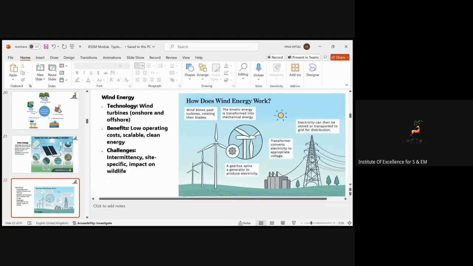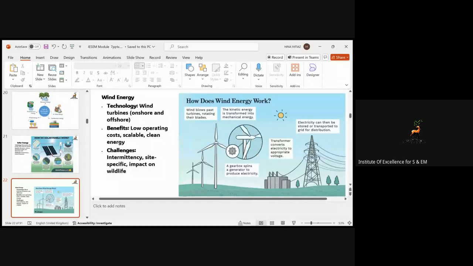The force of the lift is stronger than the drag, and this causes the rotor to spin and the rotor connects to the generator. The generator connects either directly or to a shaft or a series of gears. So you must remember that the connection is either direct or indirect.